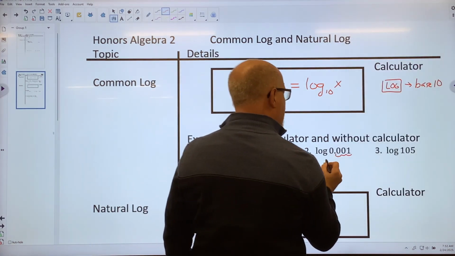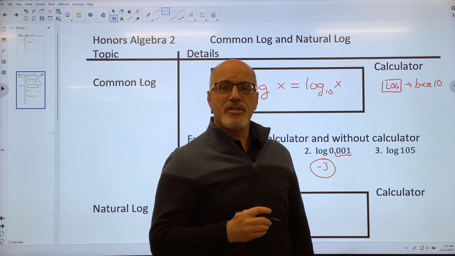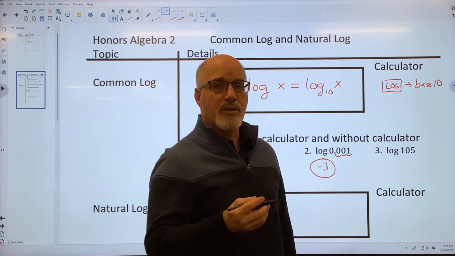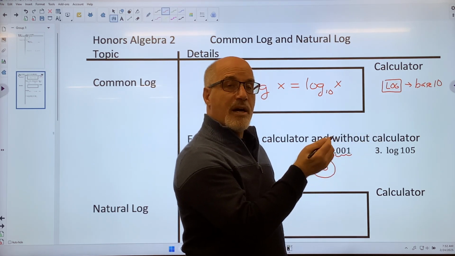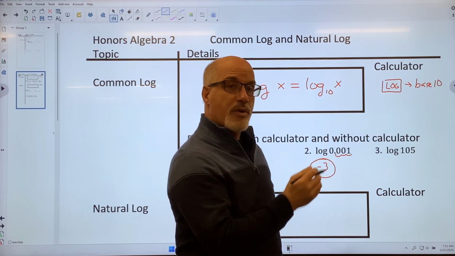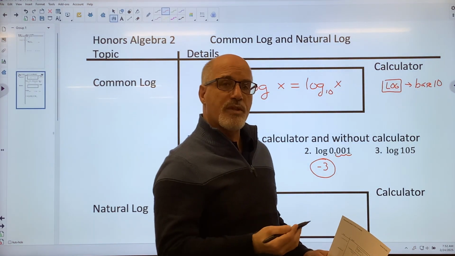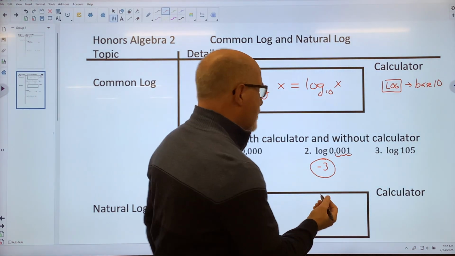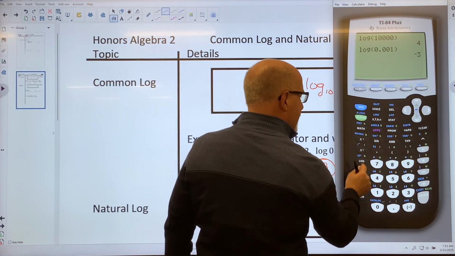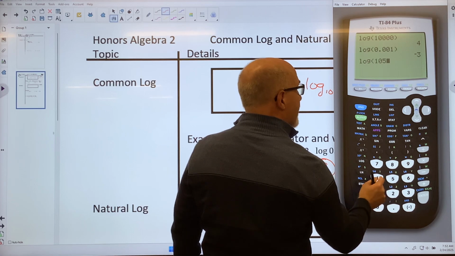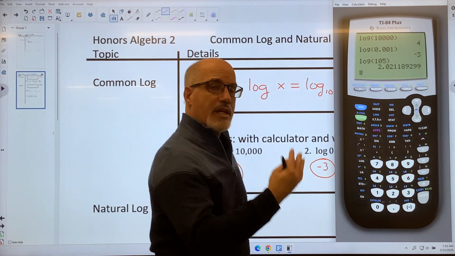All right, now let's do the last one here. This one, log of 105, has to be done with a calculator because 10 squared would be equal to 100, and 10 cubed would be 1,000. It's going to be somewhere between 2 and 3. So we're going to do it with a calculator. Log of 105, and we get the answer to be 2.02, and it goes on from there.